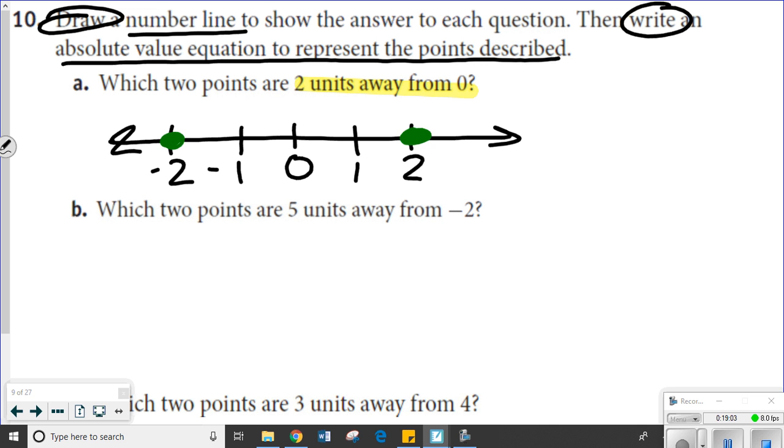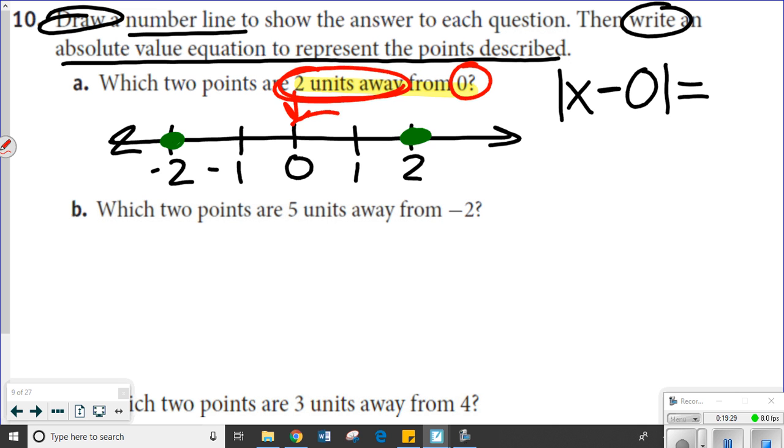All right, I'm going to start with my absolute value bars. It's always x minus your point. What was your starting point? We started at 0. So x minus 0 equals how many units away did we move?